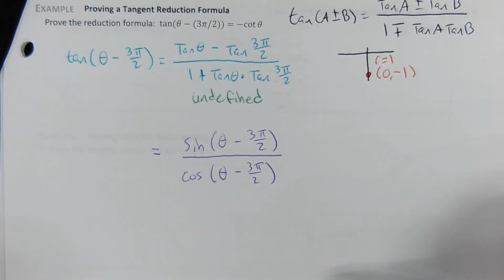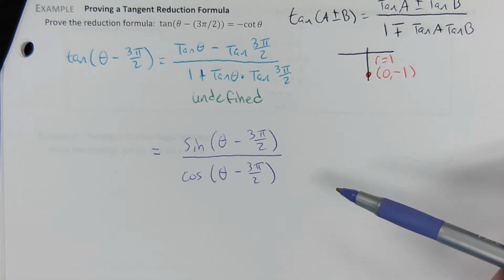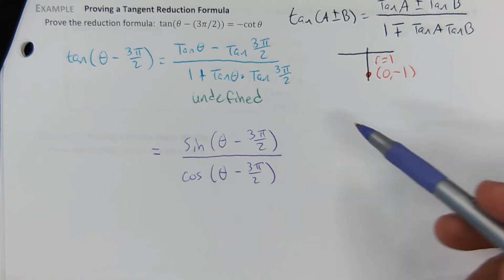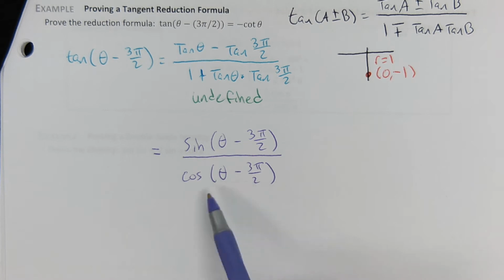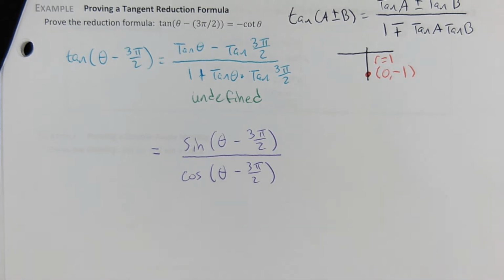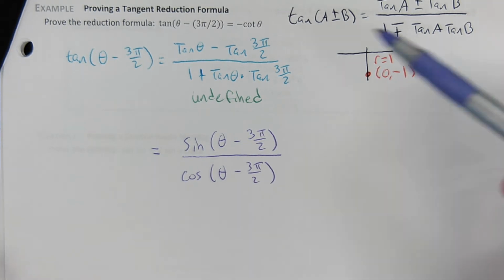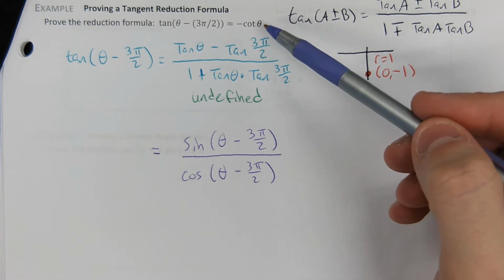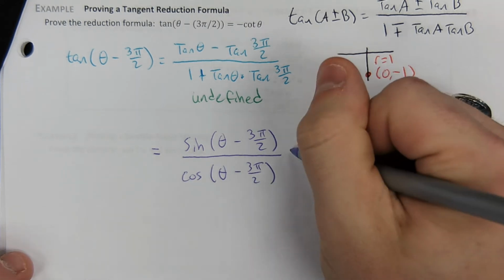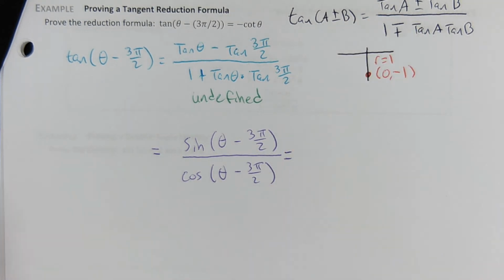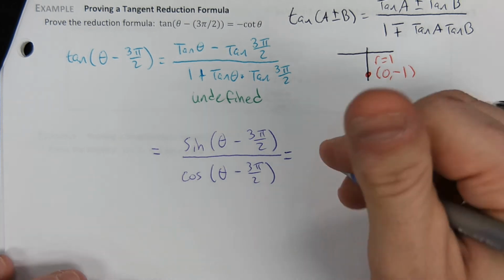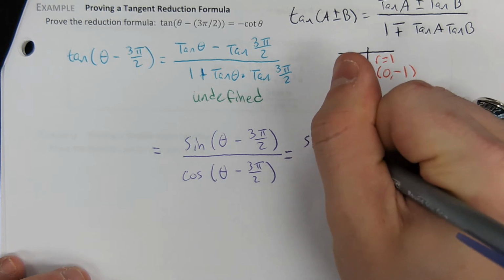Now, the reason why we would want to do this is because we're hoping that this thing down here will not equal 0. Of course, it had better not, because we know we have to get the negative cotangent theta, so we better not get undefined again. The sine identity goes sine cos, cos sine, same symbol.